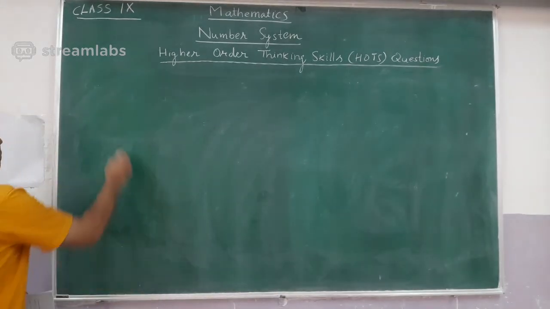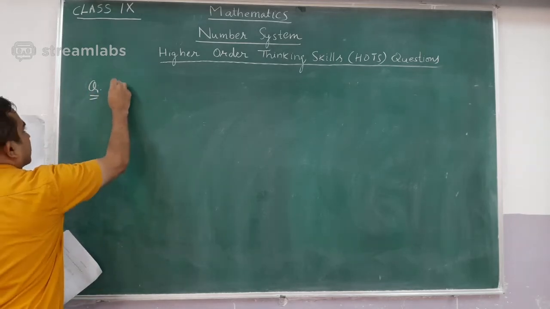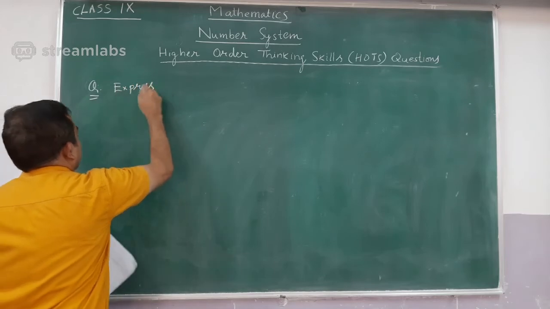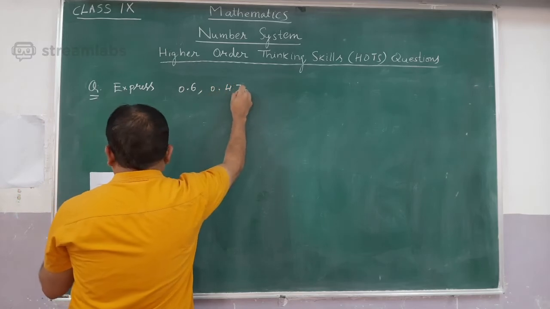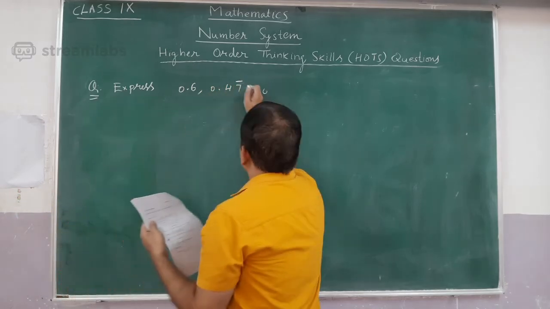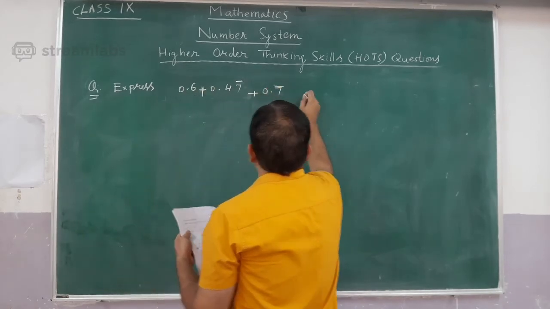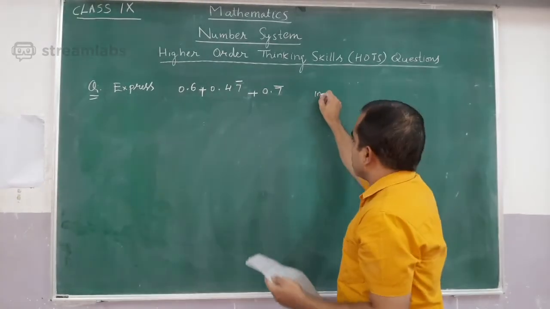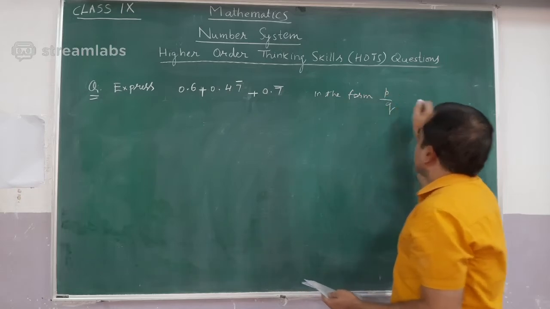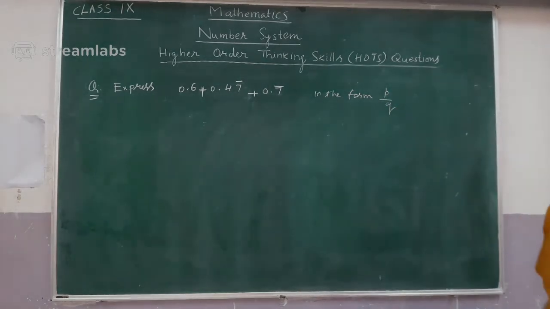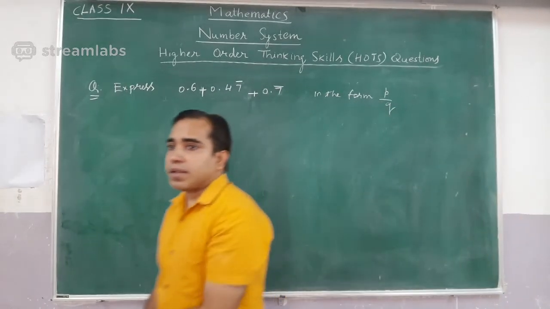Let us see one question. One question was there in which we have to express 0.6 plus 0.47 bar plus 0.7 bar in the form P upon Q. The questions in the exercise that we have done were having only one number, right?